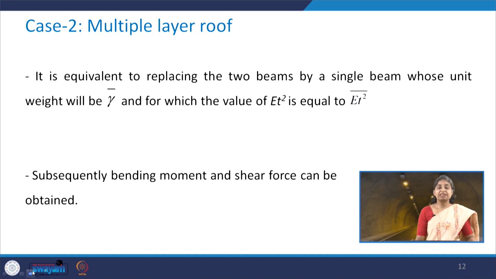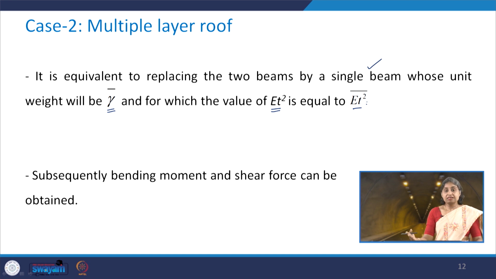So, basically it is equivalent to replacing the two beams by a single beam whose unit weight will be gamma bar, and for which the value of E T square will be equal to E T square bar.